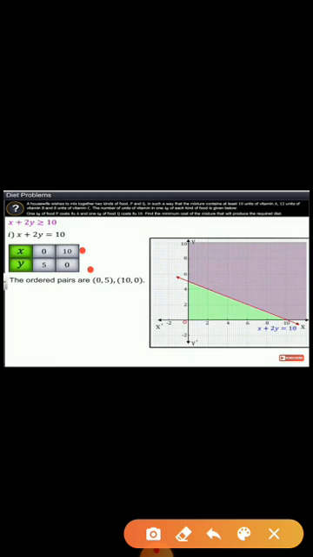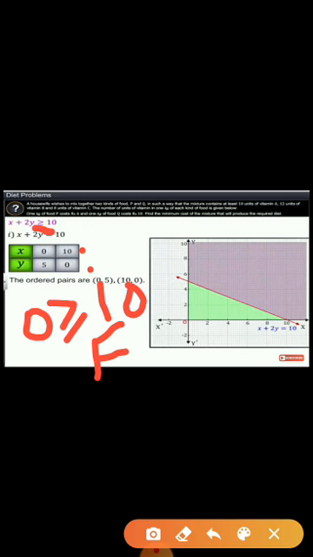Since it is greater than or equal to, if I substitute x and y as 0, I get 0 greater than or equal to 10. Is the condition true? The condition is false.